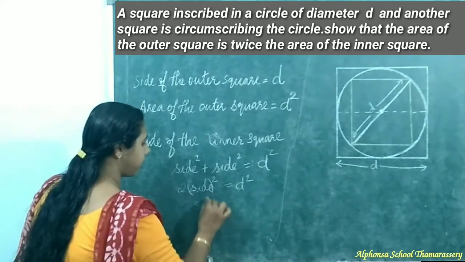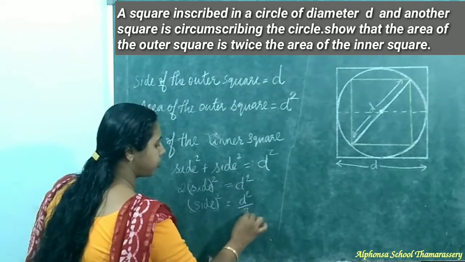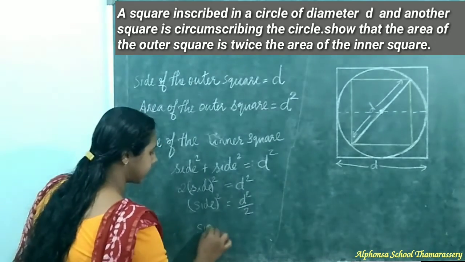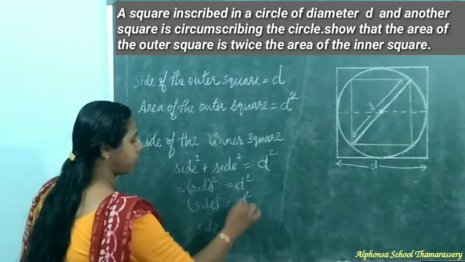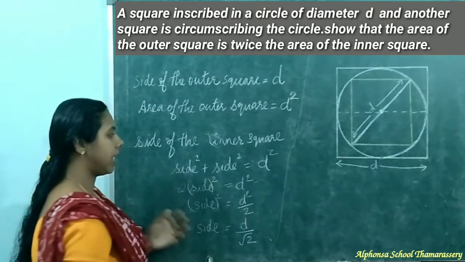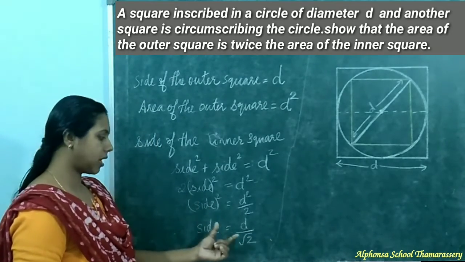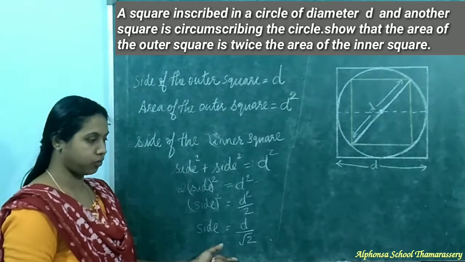So side square is equal to d square by 2. Therefore side is equal to square root of this, that is d by root 2. The length of the side of the inner square is equal to d by root 2.